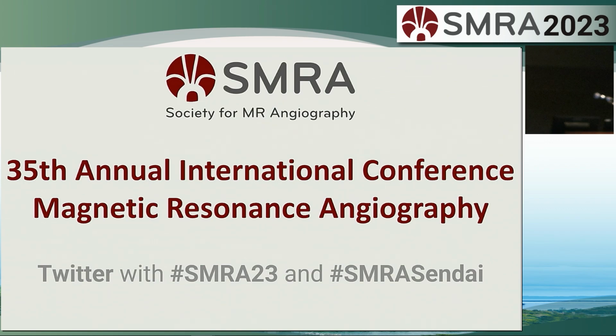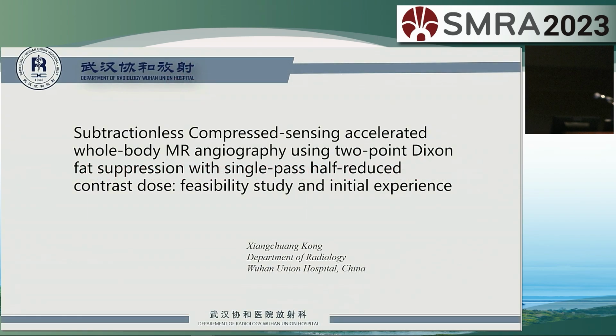Dr. Zhu, entitled Subtractionless Compressed Sensing Accelerated Whole Body MR Angiography Using Single Pass Half Reduced Contrast Dose Feasibility Study. Okay, thank you, John. So the author couldn't come here to the conference, so I will help him present his work.